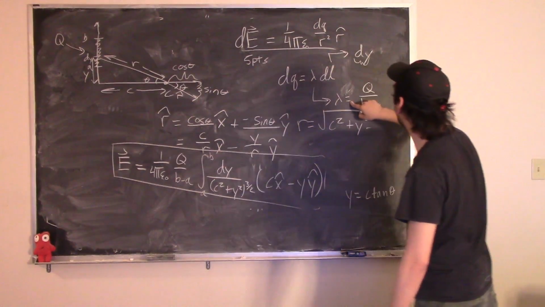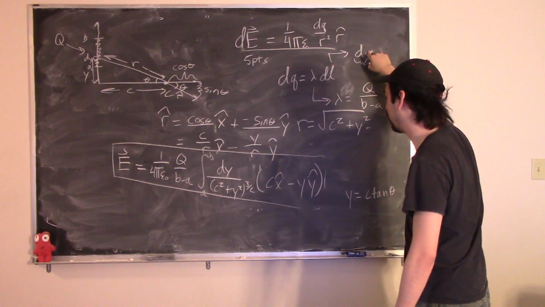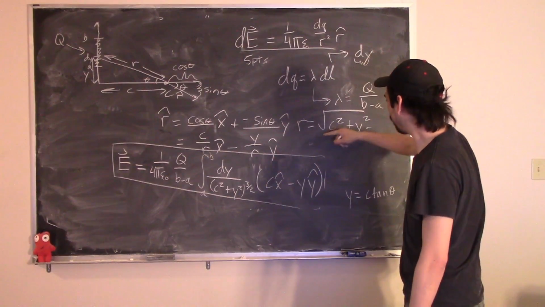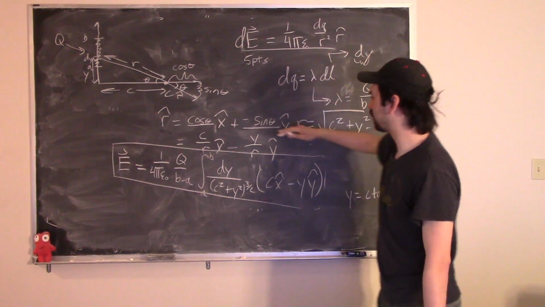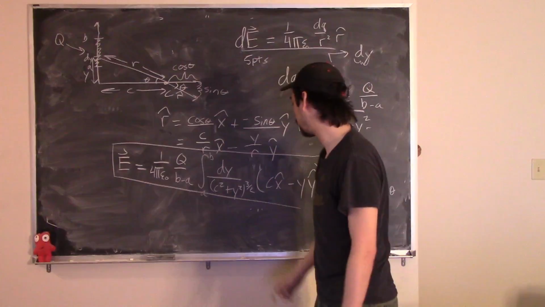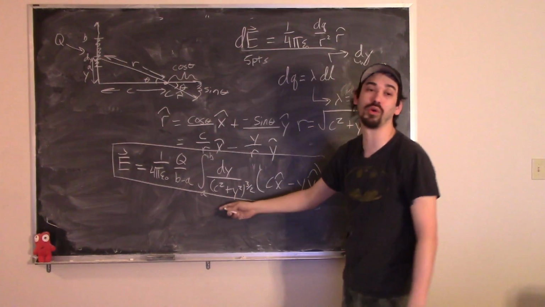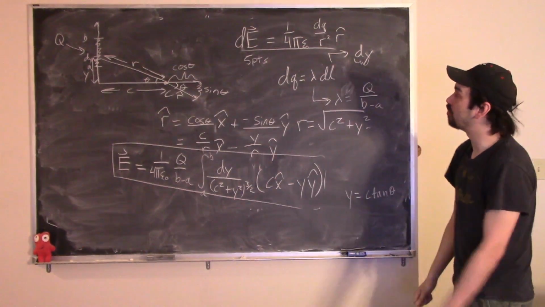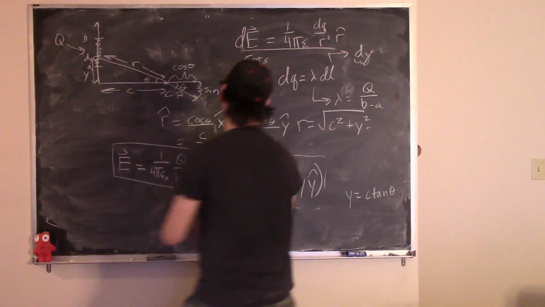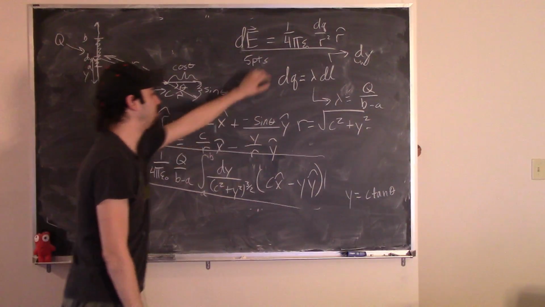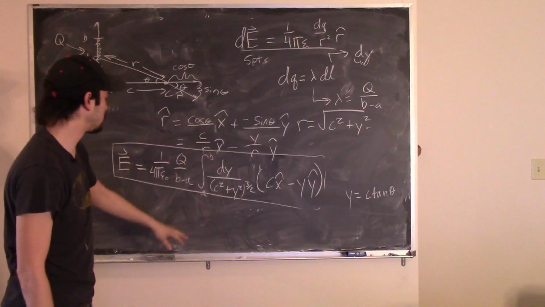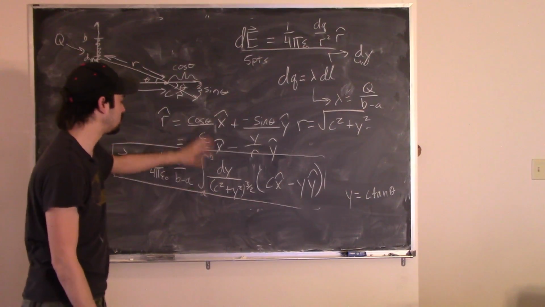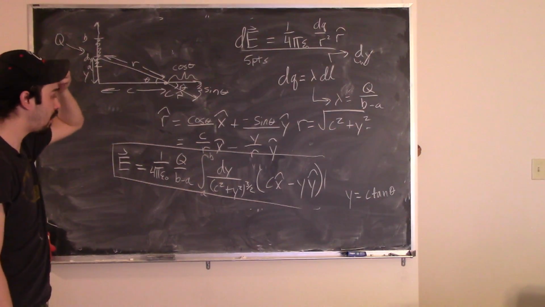Maybe 3 or 4 for this, 3 or 4 for this, and then 3 or 4 for this, 3 or 4 for this, 3 or 4 for this, and then like 1 or 2 for putting it together in the answer. So the majority of the points are going to come from identifying what all the pieces are in order to do this. And then there's also some points for the limits of integration. That might be 2 or 3 points. Okay.